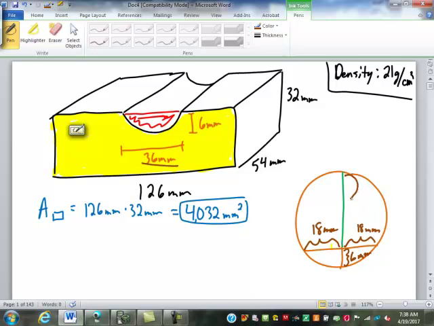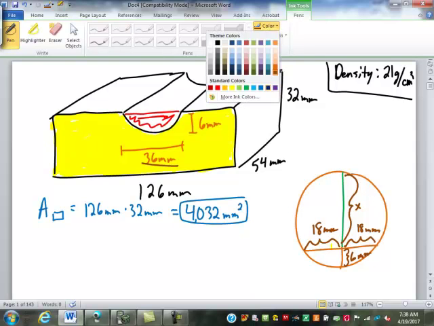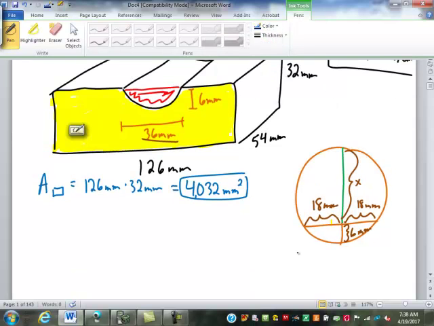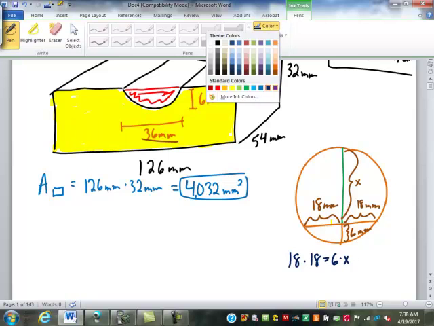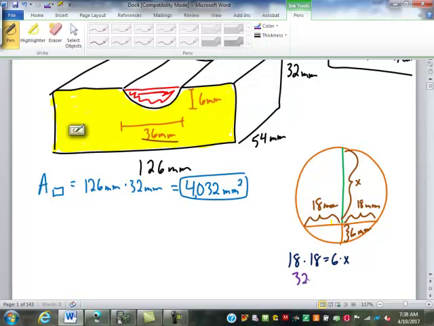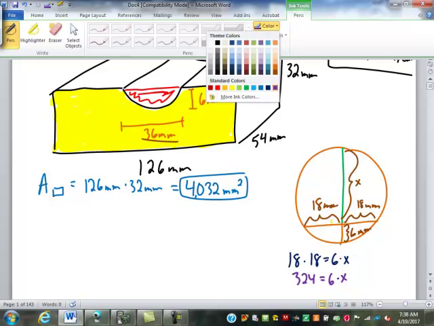And I'm going to call this piece X. So we know from that drawing 18 times 18 equals 6 times X. 18 times 18 is 324. So 6 times X. We divide by 6.